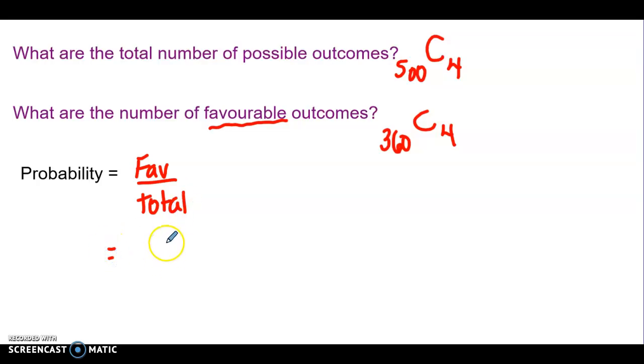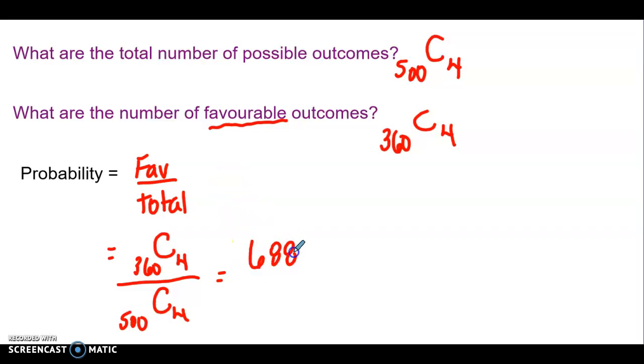Our favorable outcomes is 360 choose 4, divided by 500 choose 4. 360 choose 4 is, when we plug it into our calculator, a very large number. And 500 choose 4.